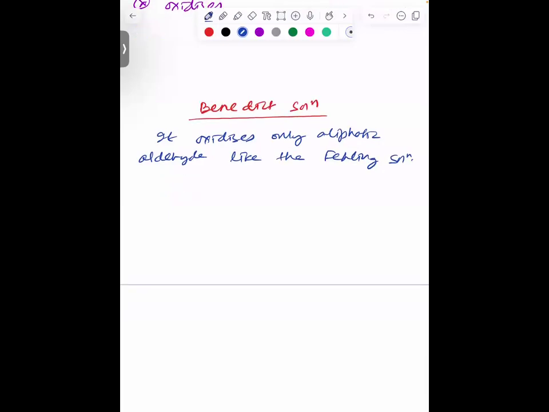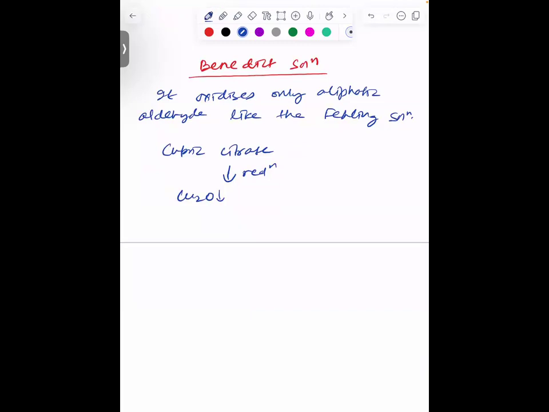So this reaction is almost similar to Fehling's solution. Benedict solution is cupric citrate, sorry, cupric citrate instead of cupric sulfate. This has the cupric ion. Cupric citrate will be reduced to Cu2O, and the aldehyde will be converted to the salt of carboxylic acid.